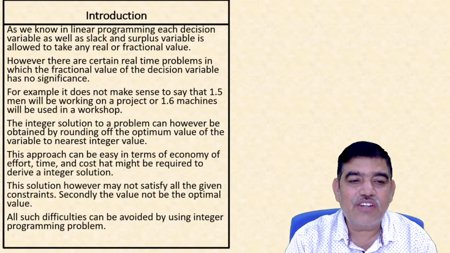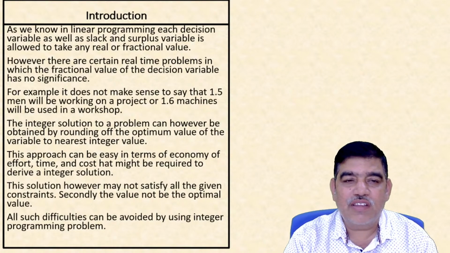Hence, the integer solution to a problem can be obtained by rounding off the optimum value of the variable to the nearest integer value. This approach can be easy in terms of economy of effort, time and cost that might be required to derive an integer solution. So that is the meaning of integer programming.